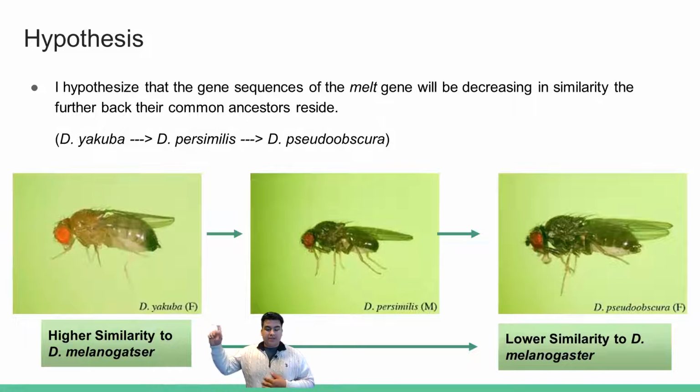Drosophila yakuba right here is going to be, in theory, the closest related species to Drosophila melanogaster because it is a very close relative. And then we have Drosophila persimilis, which is intermediate. And then we have Drosophila pseudoobscura on that side, and it's more distantly related. So the trend should be from higher to lower similarity within the MELT gene as compared to Drosophila melanogaster.